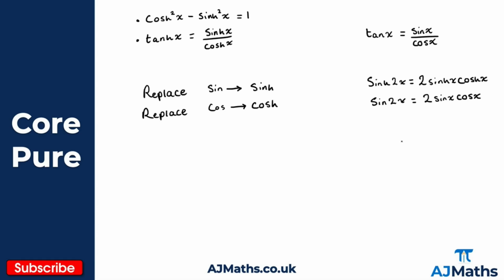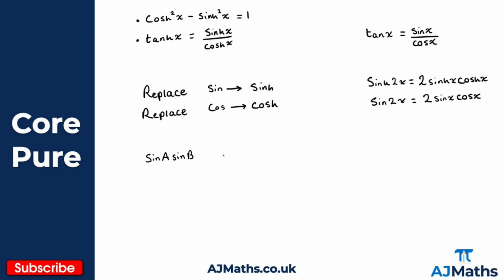Now before I state any more hyperbolic identities, there is a caveat to Osborn's rule, and that is that if we have a product of two sine terms, then the result is different. Let me just show this in action. If I have, say, sin A multiplied by sin B, then the product here we have to replace with a negative.